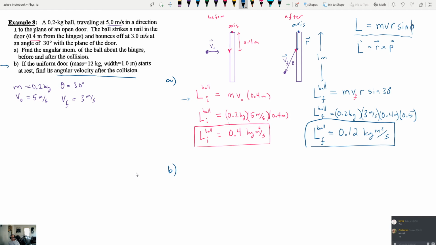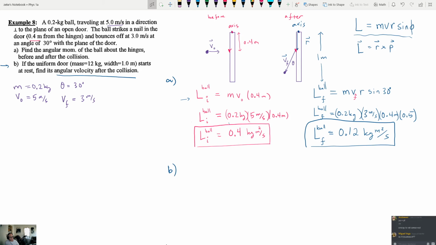No, we cannot use initial momentum is equal to final momentum. What's the reason why we can't use that? Why can't we use momentum conservation in this case? Energy hasn't been conserved in any of the collisions that we've done, so that's not it.